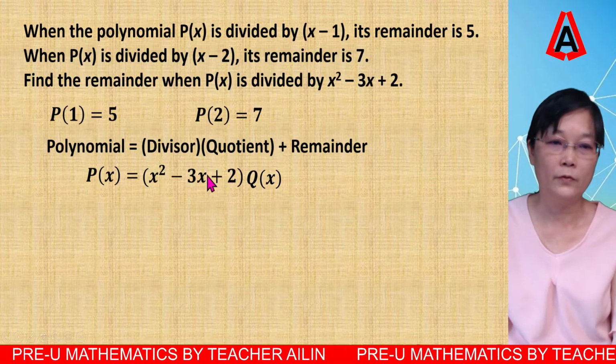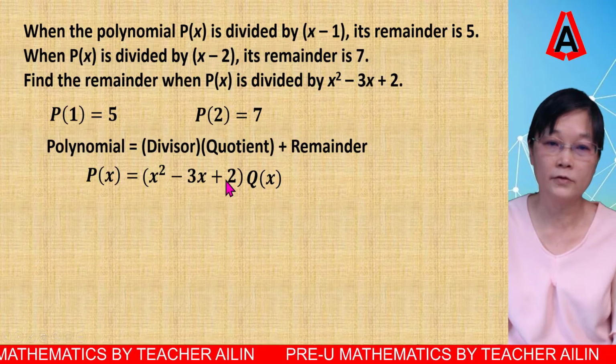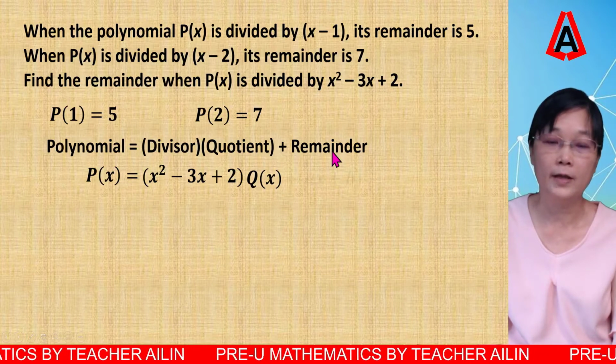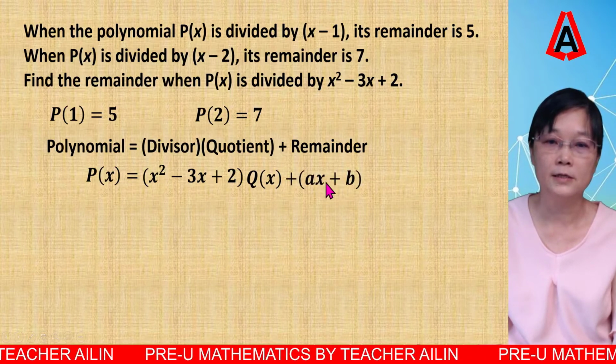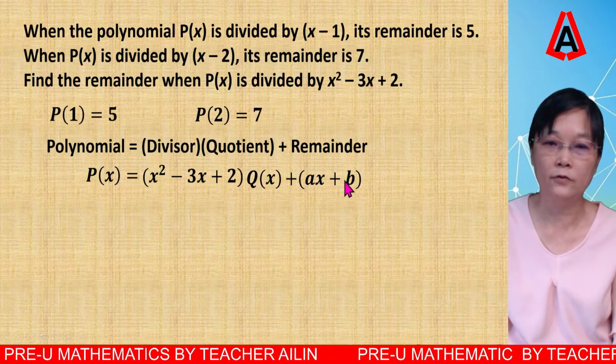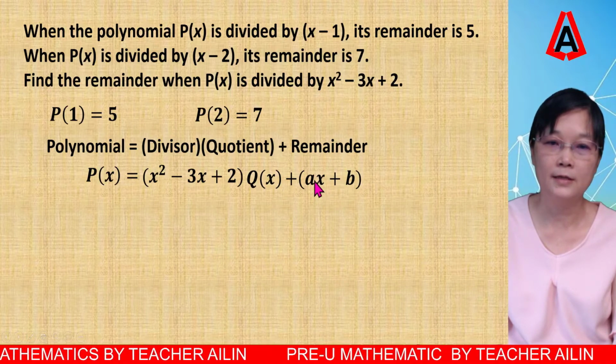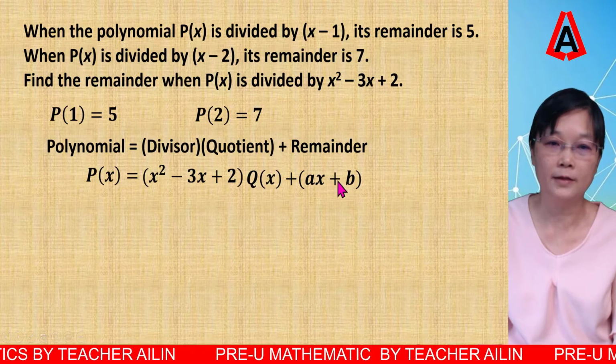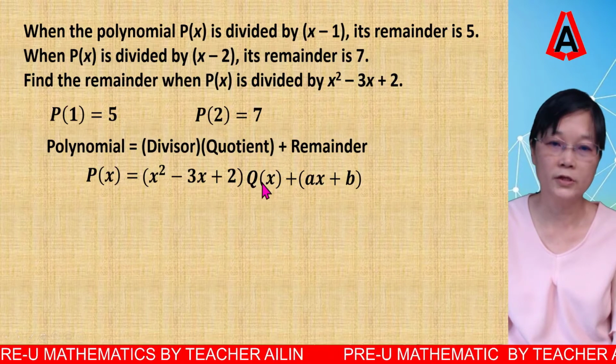We know that when the divisor is a quadratic, the remainder should be linear. Since we do not know the linear remainder, we simply use an unknown form to represent it.